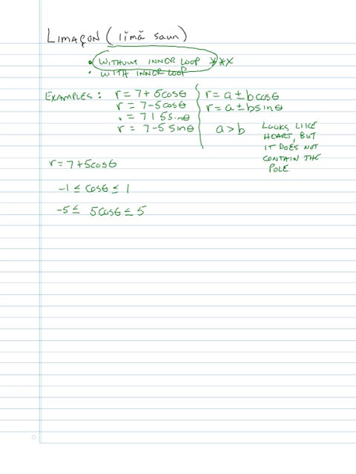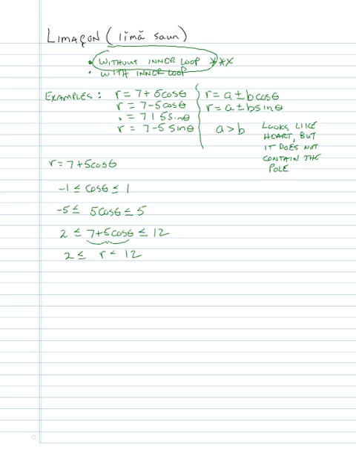Now if we add 7 all the way through, 7 plus -5 is just a 2, and a 7 plus a 5 is a 12. So 2 is less than or equal to 7 plus 5 times cosine of theta, which is less than or equal to 12. And here's the significance: what we have right inside here is the value of r. So r is always, in this example, between 2 and 12.